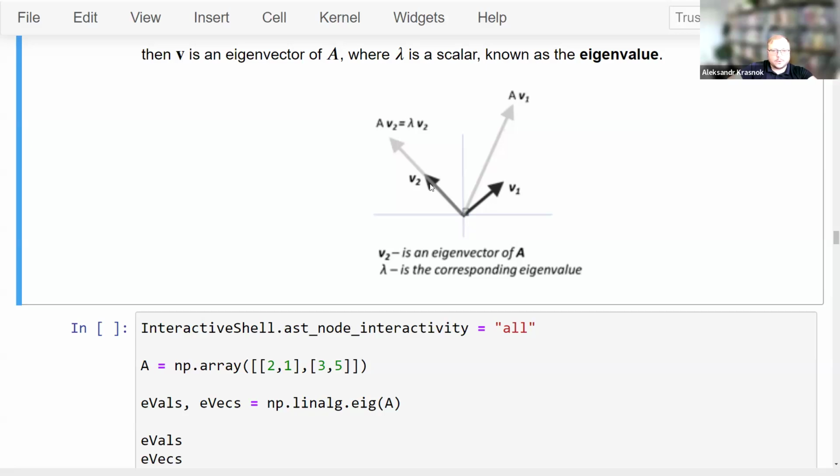However, I can always find a vector like v2, shown here, which changes only its magnitude upon applying this operator A. So operator A applying this vector is equal to some constant times this vector. This constant simply changes the magnitude of this vector.